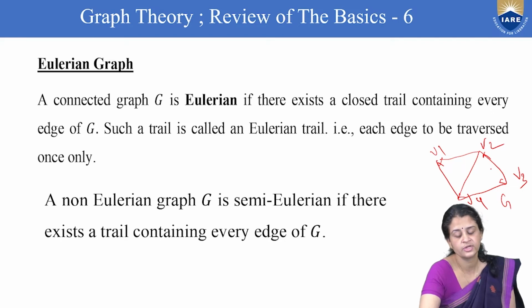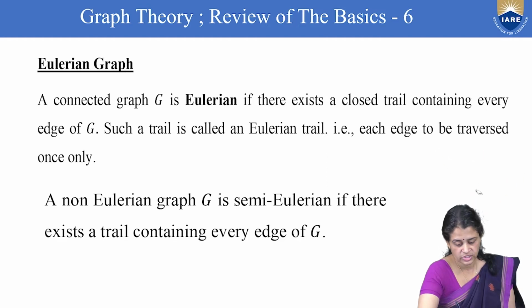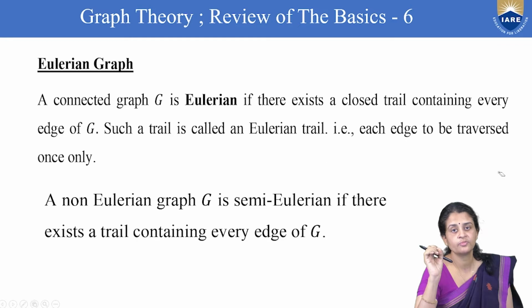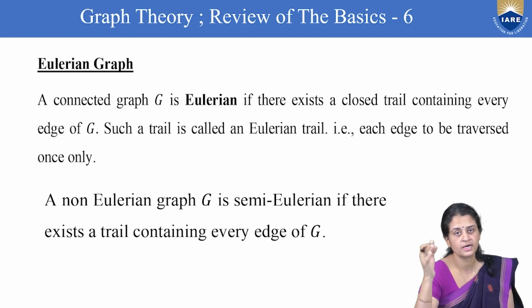Is it possible to do it like that here? No. Because if we are traveling this way, from here we can go either this way or like that, and again we will be going through the original way we have used, or any of the edges that we have already used. So it is not possible. Now what will be the condition for a graph to have a closed Eulerian trail, that we will see in the next slides.